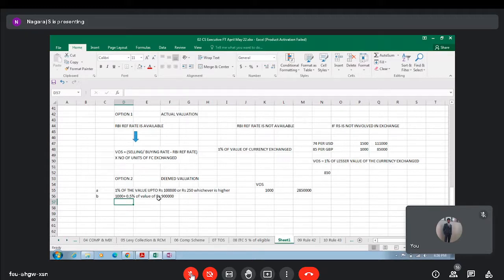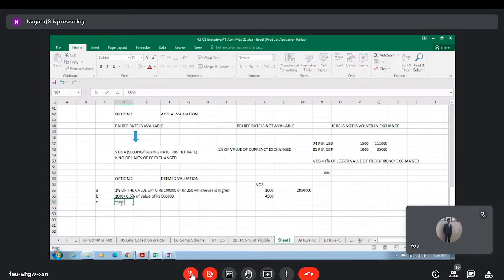For the next 9 lakhs, 0.5% plus this 1,000. How much is 0.5% into 9 lakhs? 4,500. Okay. Next, C.